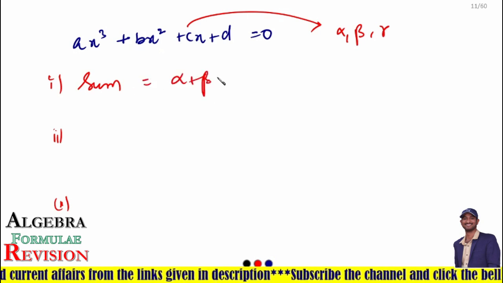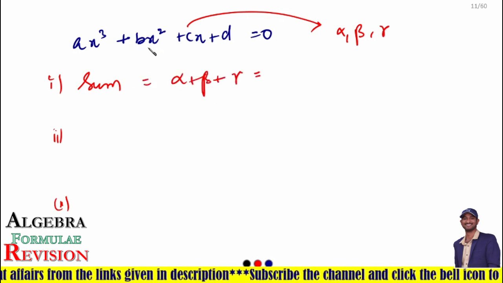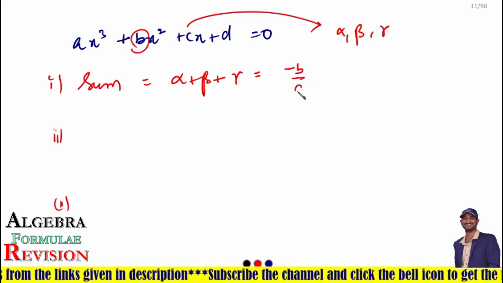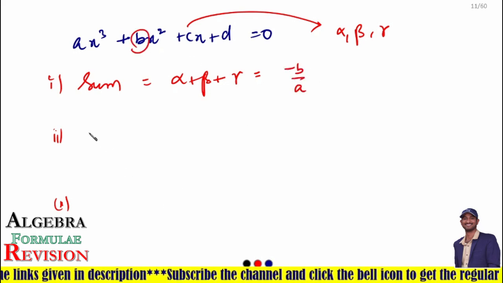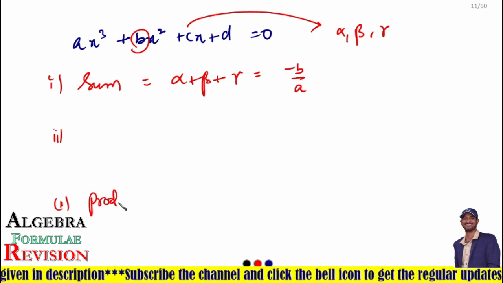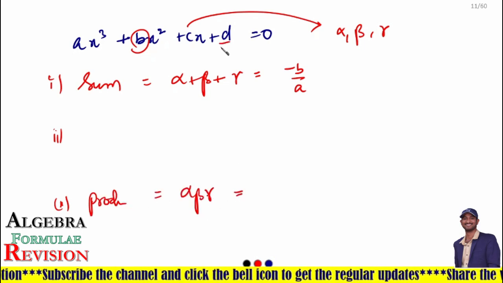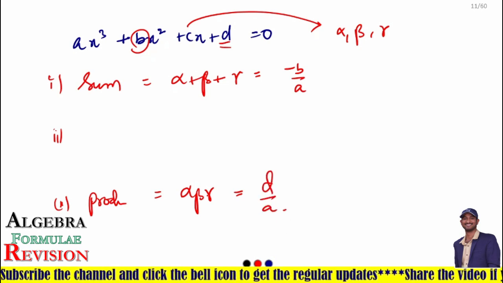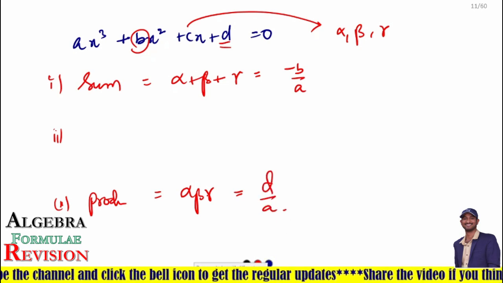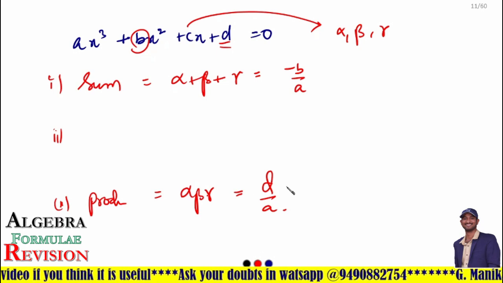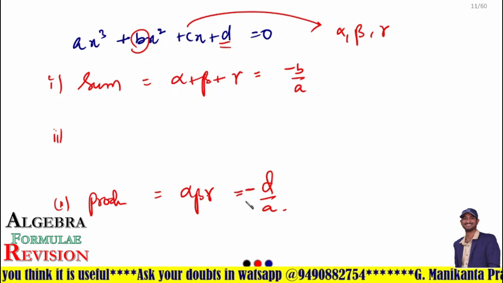The sum of the roots, alpha plus beta plus gamma, is always equal to minus b by a. And the product of the roots, alpha into beta into gamma, is equal to, sorry, minus d by a.